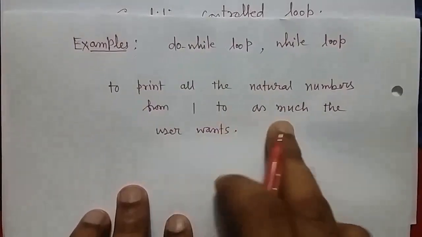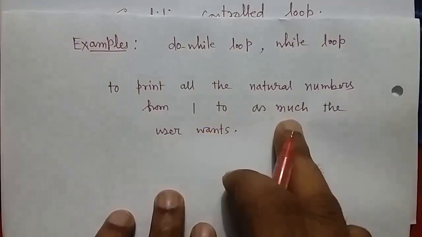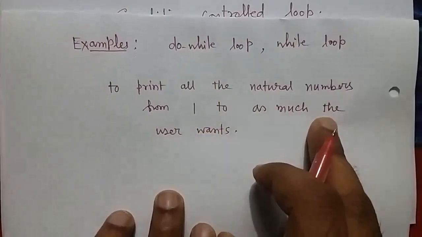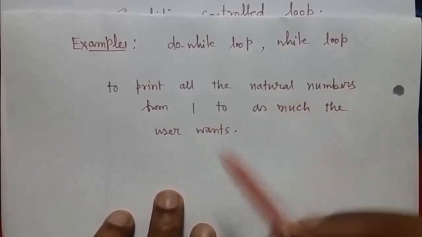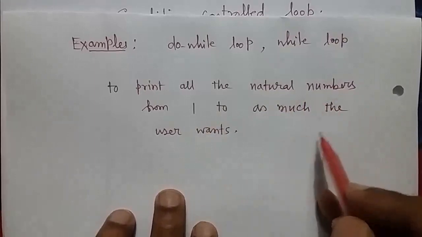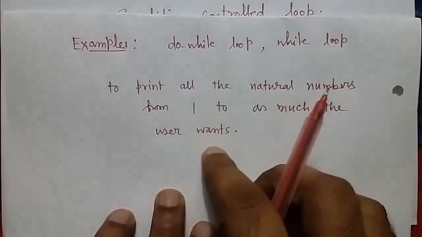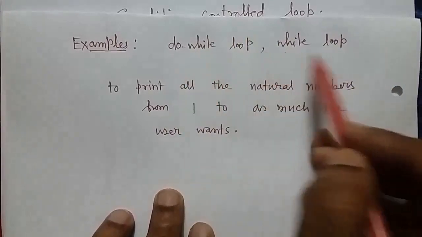So here we do not know the last natural number to be printed. So that's why we cannot really tell about the total number of iterations that are going to take place. So in this case we will apply unfixed loop, that means do while loop or while loop.